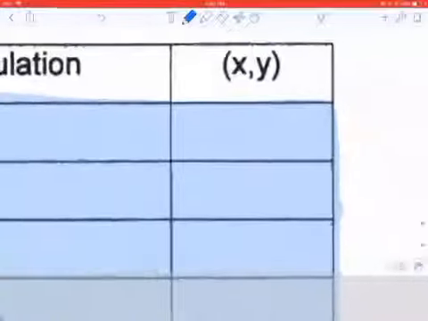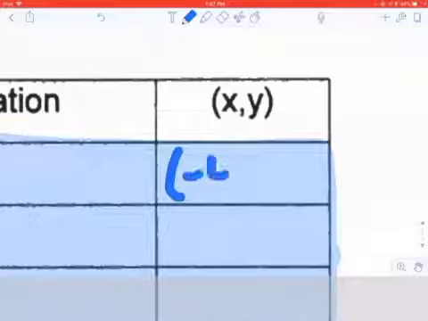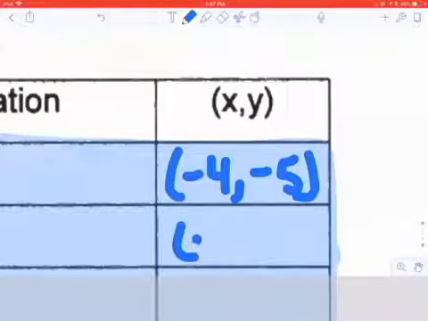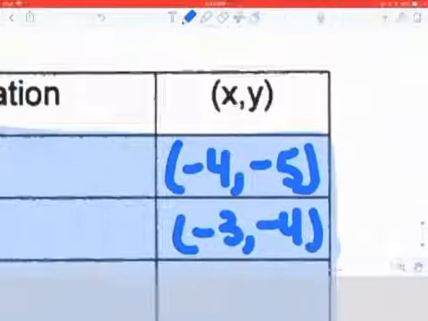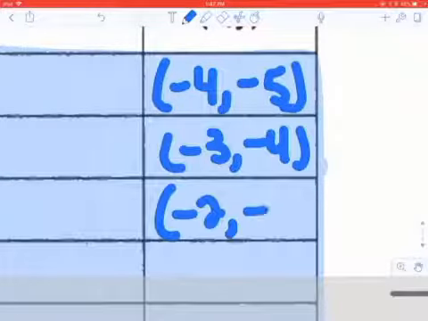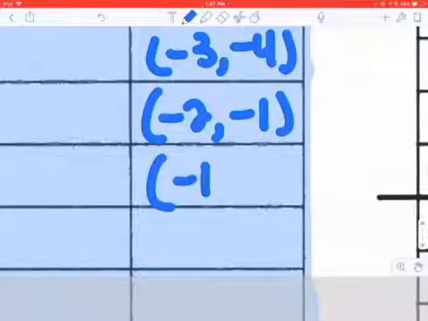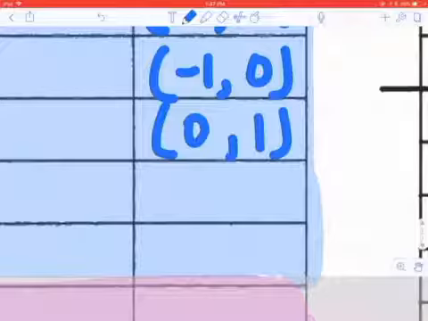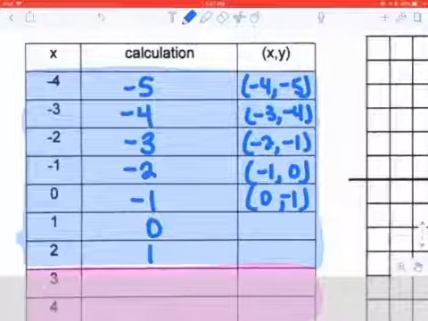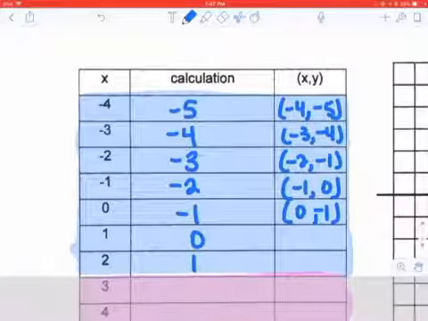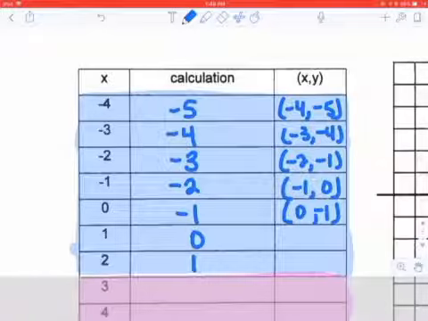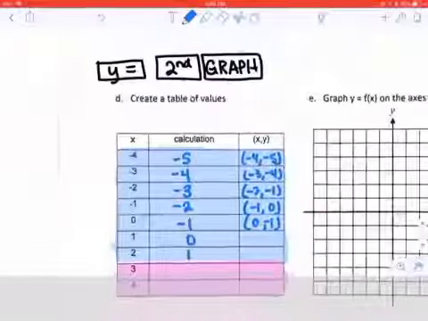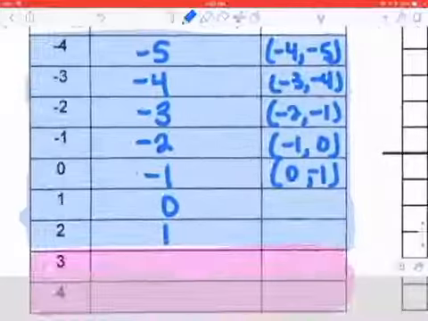So I'm just going to fill my points in here. (-4, -5), (-3, -4), (-2, -3), (-1, -2), (0, -1), and then (1, 0).